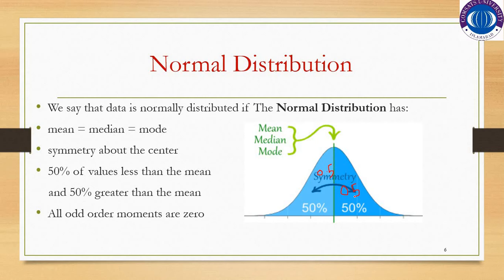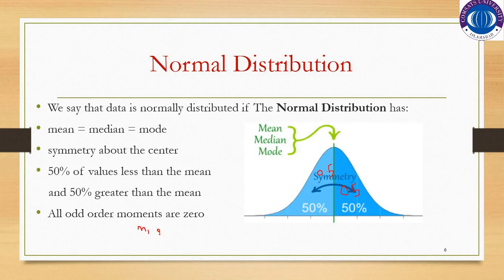All odd order moments are 0. As you know, a moment is the sum of the deviations raised to a power, and we take their average. We have discussed this in the previous classes. They are usually denoted by M1, M2, M3, and M4.